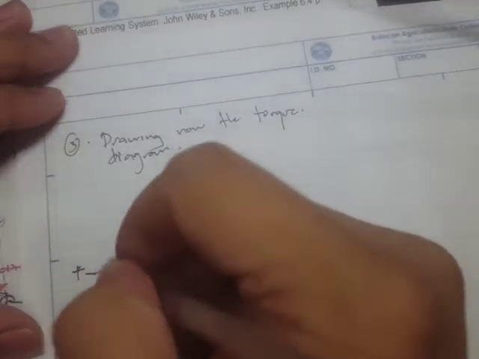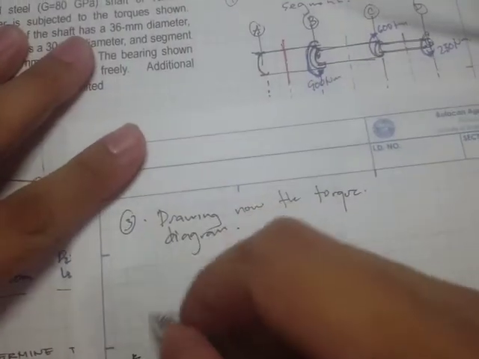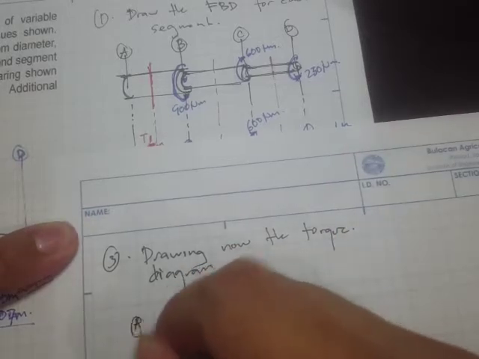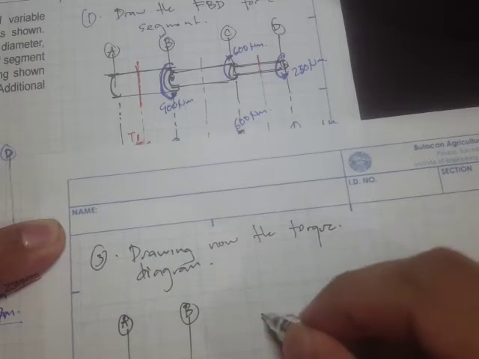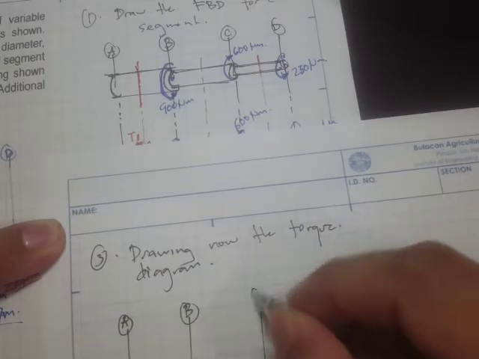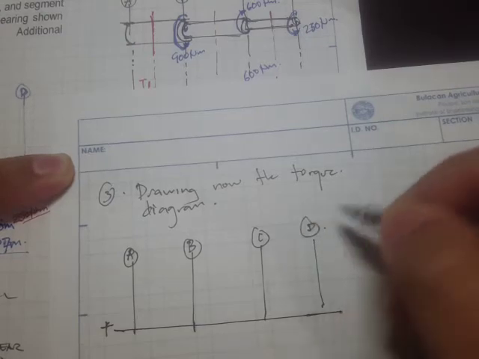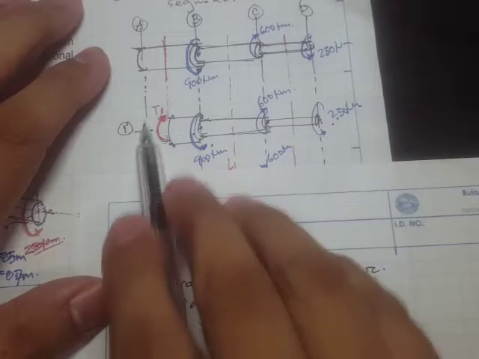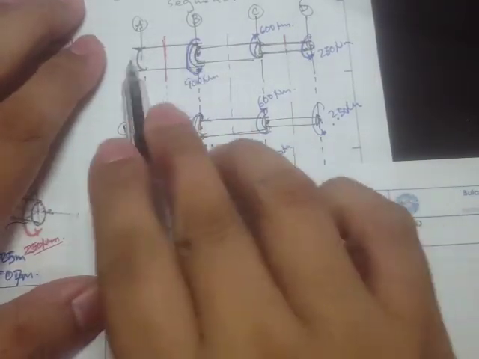If this is our torque line, and let's say this is A, and this is B, and this is C, and right here is D. Okay, so you would notice that from point A to point B, we have a constant torque, right?